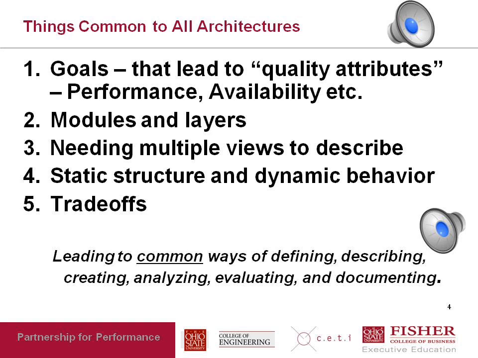The next thing is that architectures need multiple views to describe and understand them. So if you think about a university once again, a university has an organizational hierarchy consisting of departments that are composed into colleges that then get composed into universities.